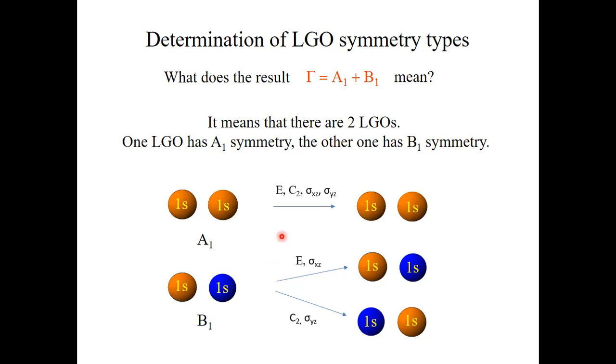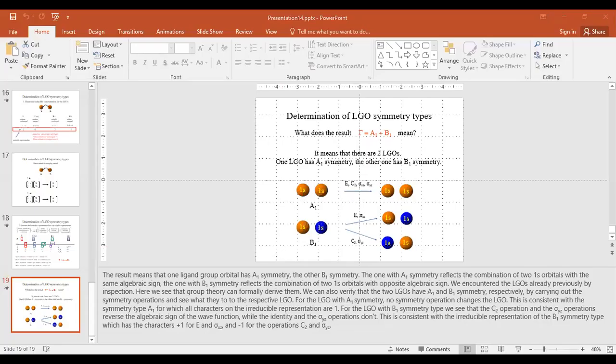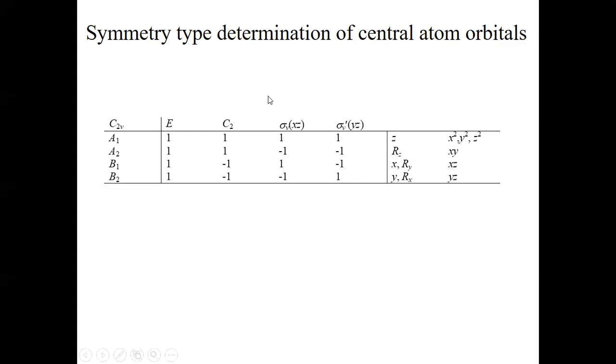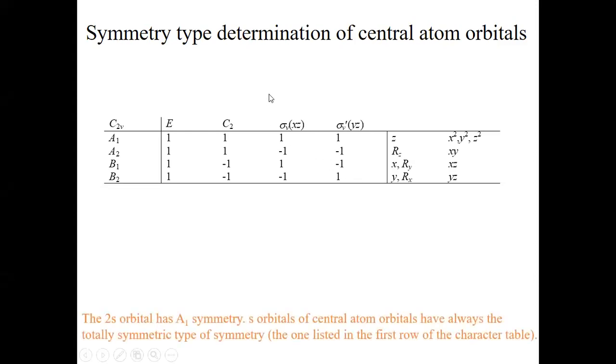Now we are finished with that part, and our next part will now be the determination of the symmetry types of the central atom orbitals.